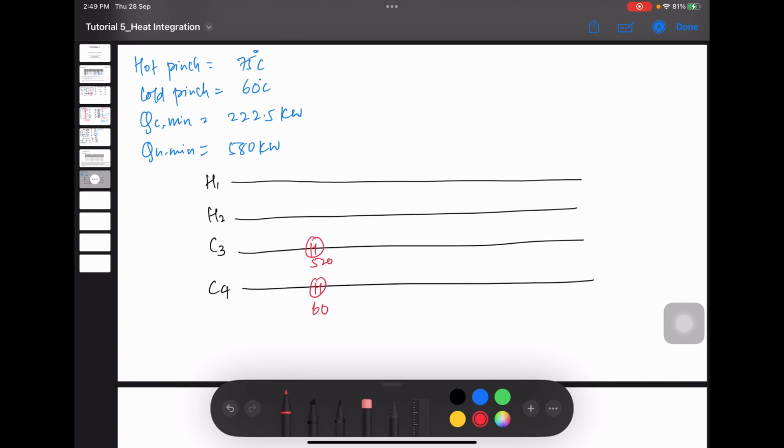You can see the total heat duty 520 plus 60 is 580, which you have here from your problem table algorithm. And then you have one heat exchanger between H1 and H4, which is 1350. Then you have another one here, 1620, and then here you have your pinch line: 75, 75, 60, 60.